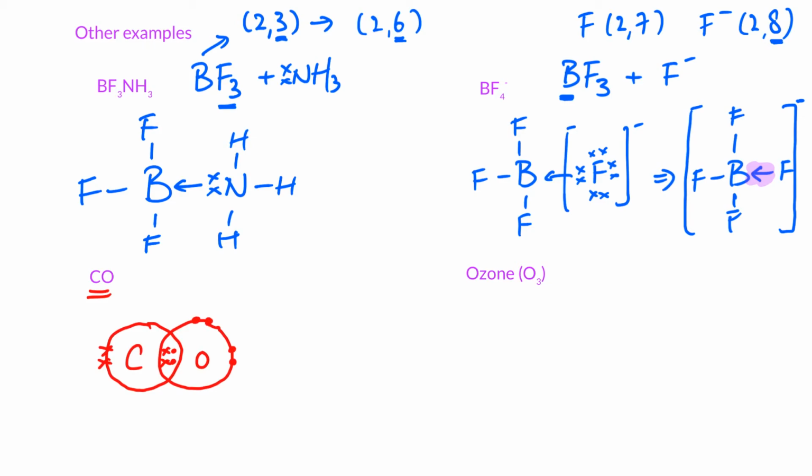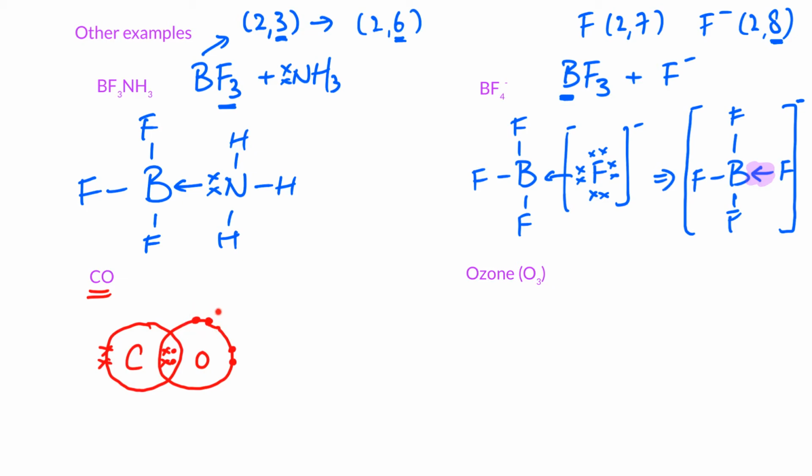On the right hand side, oxygen has 1, 2, 3, 4, 5, 6, 7, 8 in the outermost shell. However, for C, they just have 4 plus 2. So you find that C doesn't obtain the octet structure.